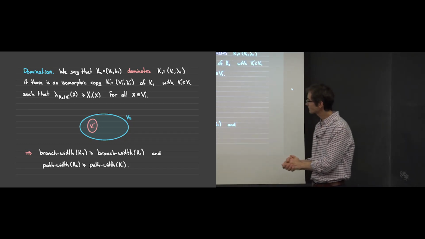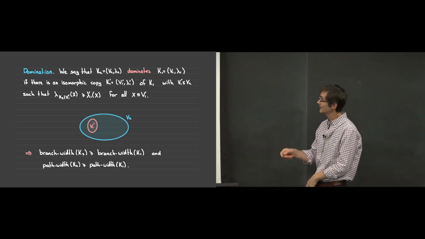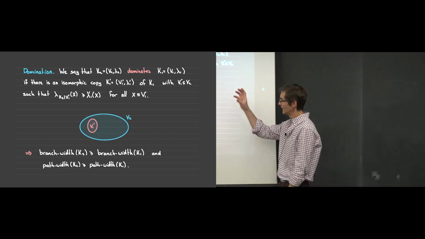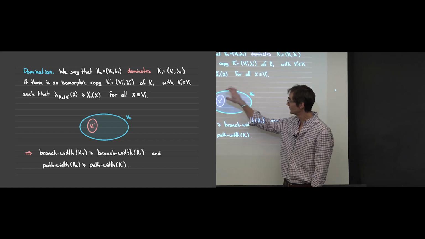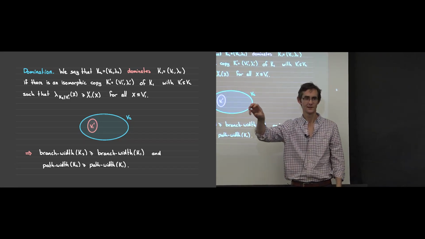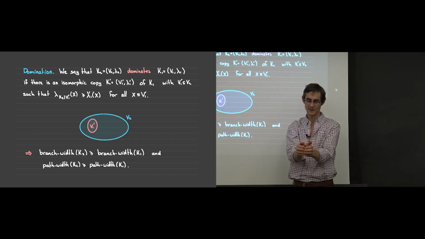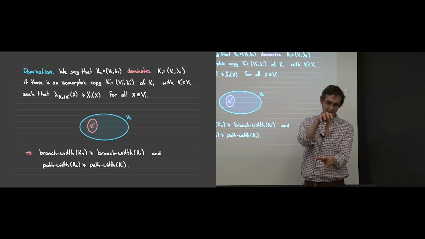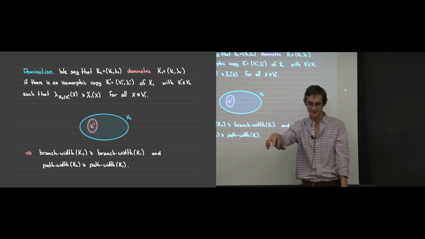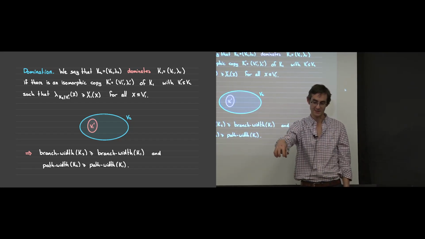So we say that K2 dominates K1 if I can restrict K2 to some set to get a connectivity system, and then I can take an isomorphic copy of that, and that thing that I get is bigger than K1.